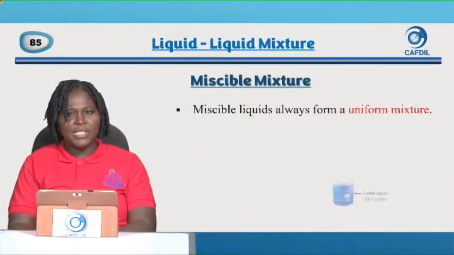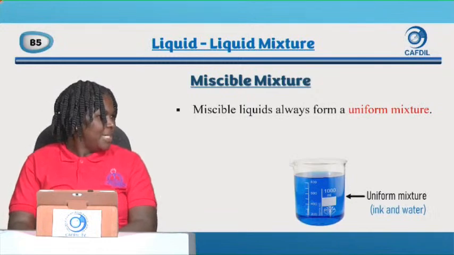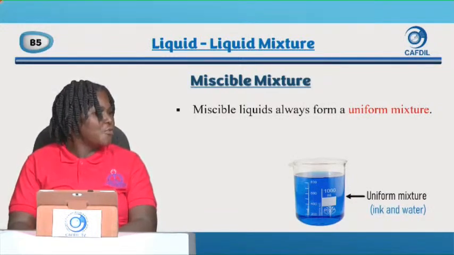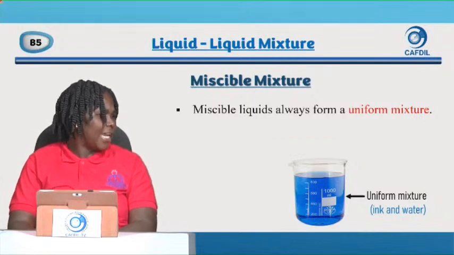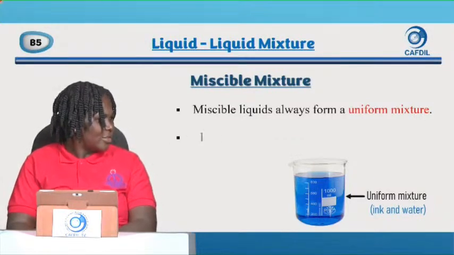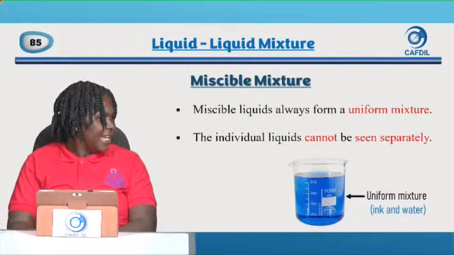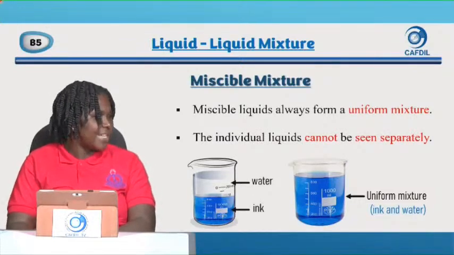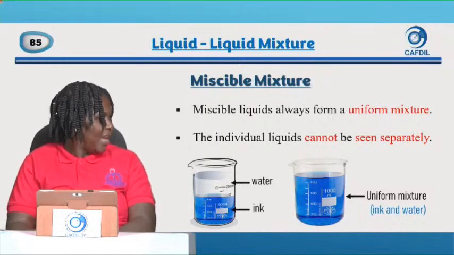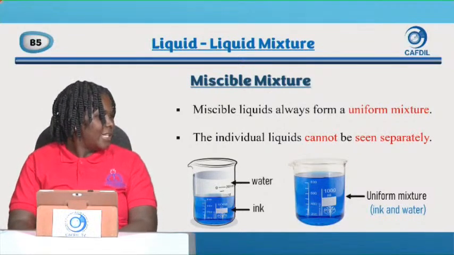Now, miscible liquids always form a uniform mixture, like the ink and the water. The individual liquids cannot be seen separately, as I said. So we have the water and the ink.